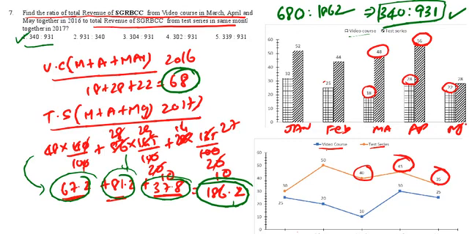See the 8th question. The total revenue of SGR-BCC from test series in January and February in 2016 is what percent more than total revenue of SGR-BCC from video course in January, February 2017. Now see this question.